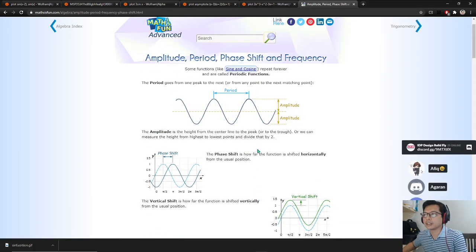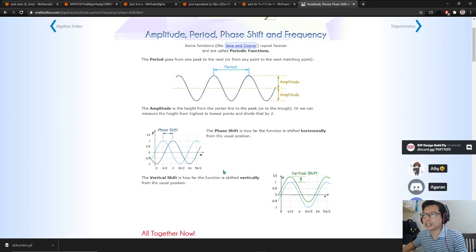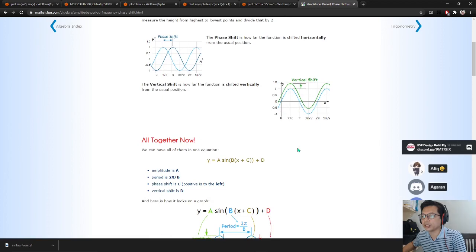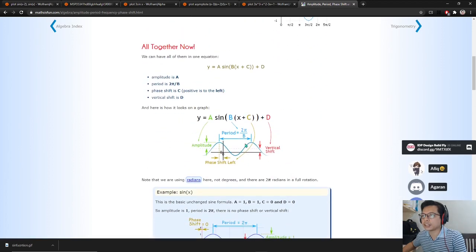This is a good way to look at it. Period is the x distance between two peaks or to the same value. Amplitude is that. Phase shift is when I shift it like that. Vertical shift, usually we don't do that. I think this is really interesting.